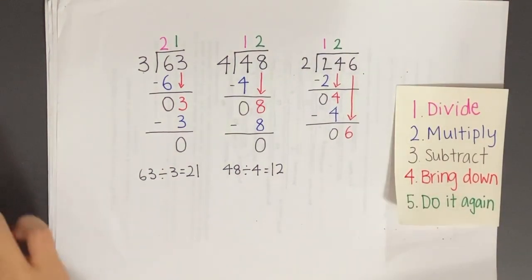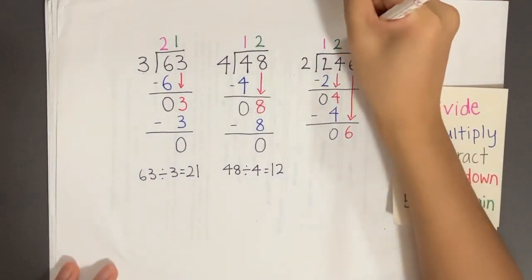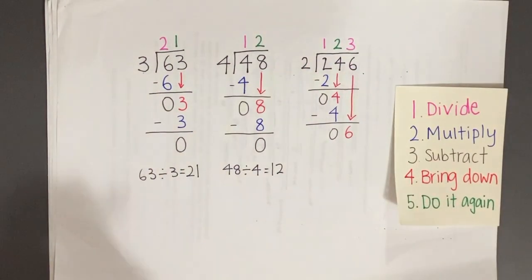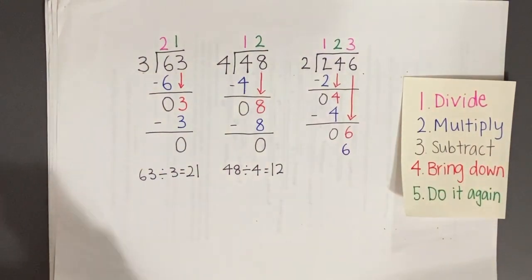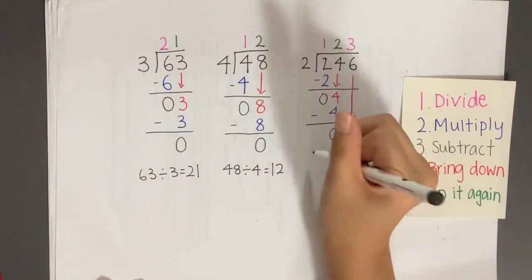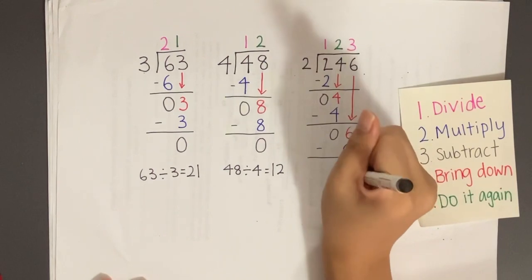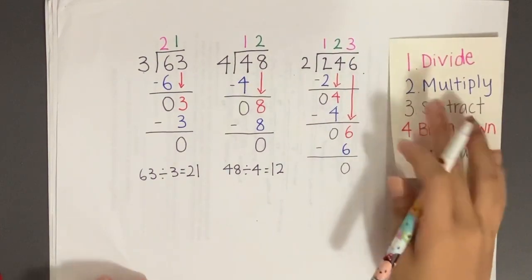Do it again. So I take 6 divided by 2, it is 3. Multiply 2 times 3 is 6. Subtract 6 minus 6 is 0.